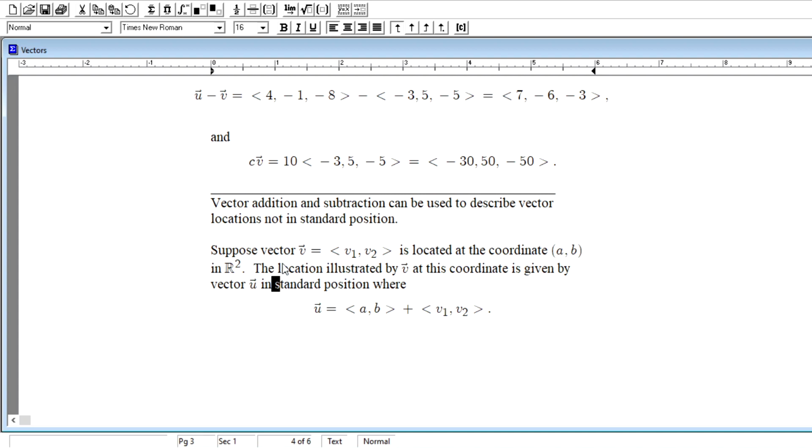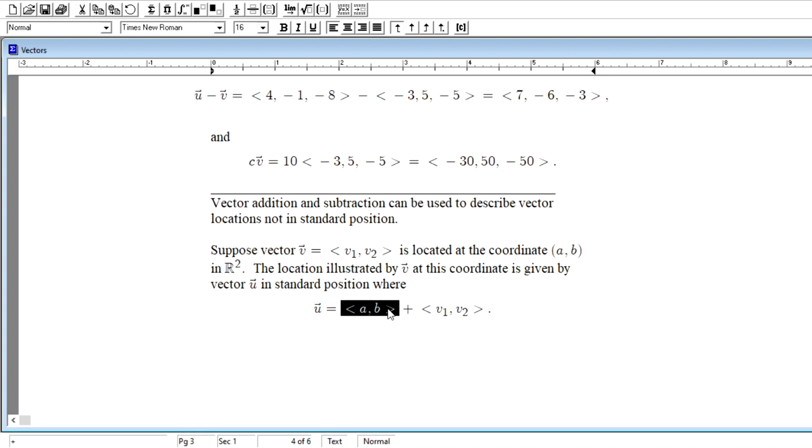Well, the location illustrated by vector v then will be given by vector u in standard position, where u would come from taking the corresponding vector pointing to that location at a, b, that vector a, b in standard position, and adding that to v1, v2.